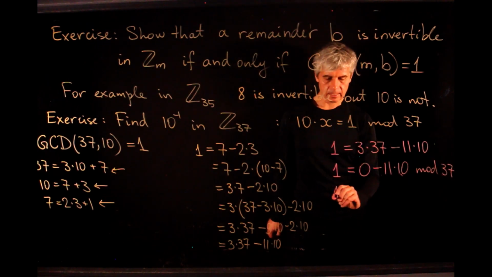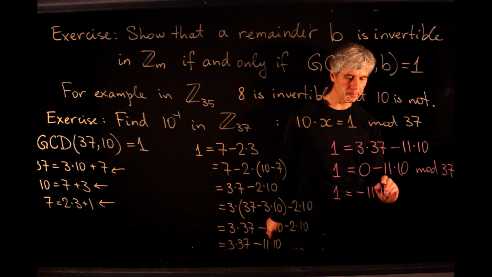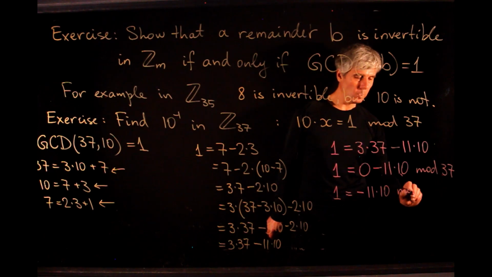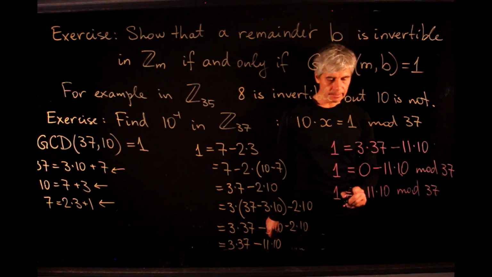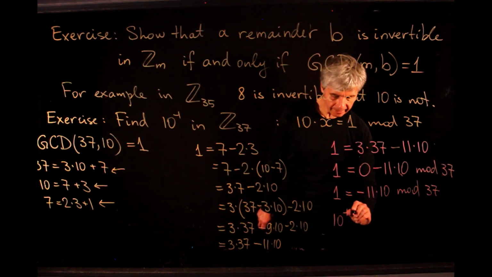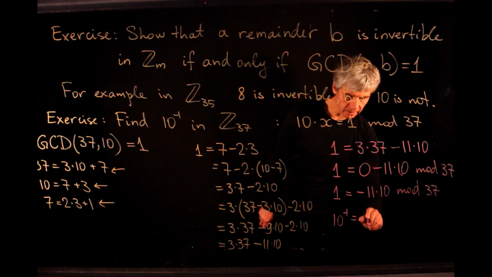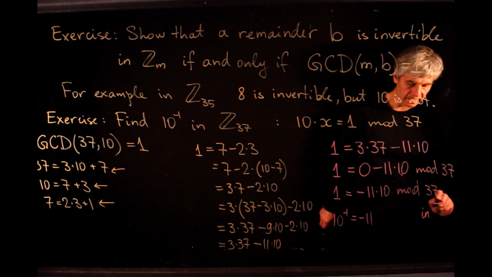So this tells us that 1 is negative 11 times 10, mod 37. And this tells us that the multiplicative inverse of 10 is equal to negative 11 in Z37.